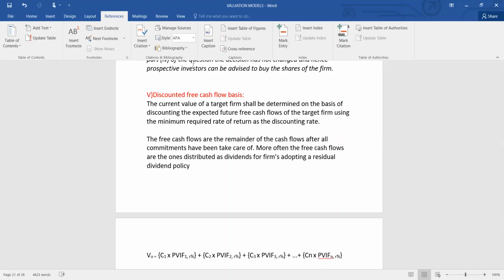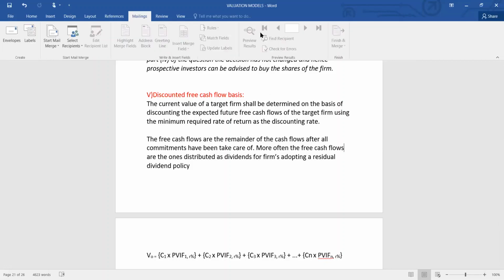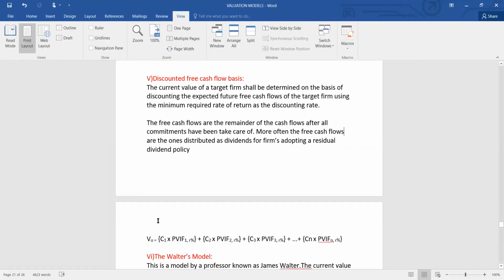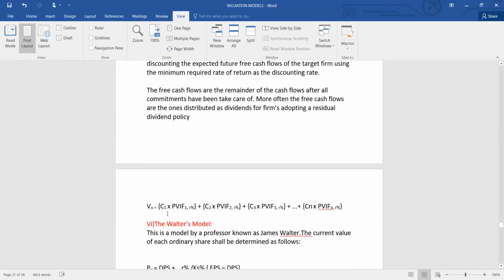Many times, if you are valuing a company, the overall firm, then the weighted average cost of capital is used as the discounting rate. If you are valuing a share, cost of equity is applied as the discounting rate. This is the point I'm trying to make here. The current value of the firm is free cash flow year 1 discounted, free cash flow year 2 discounted, free cash flow year 3 discounted, and so forth and so on.